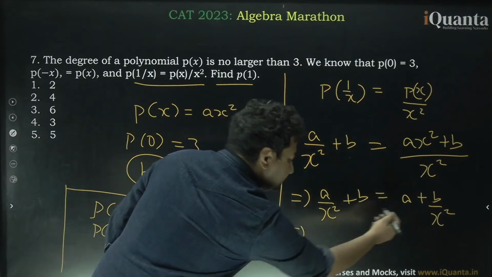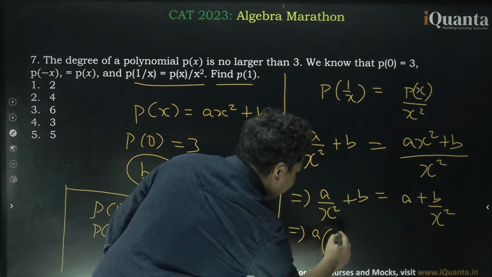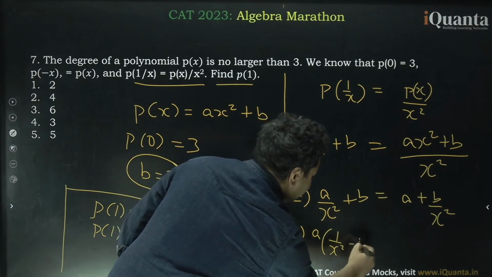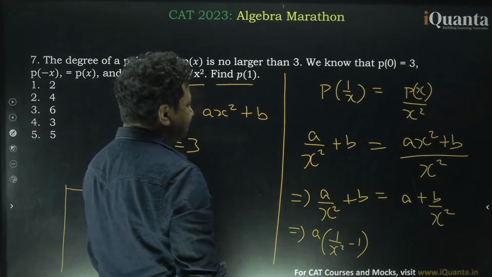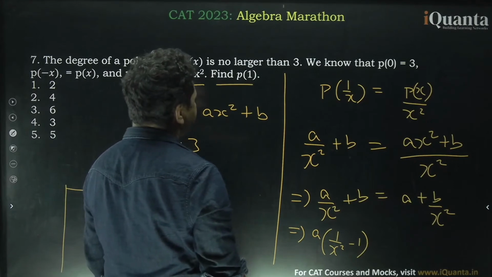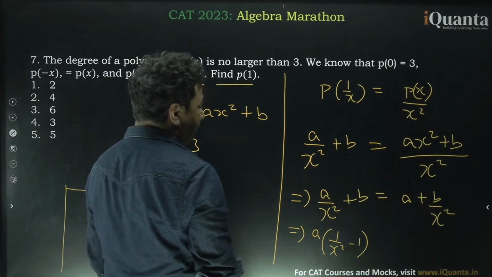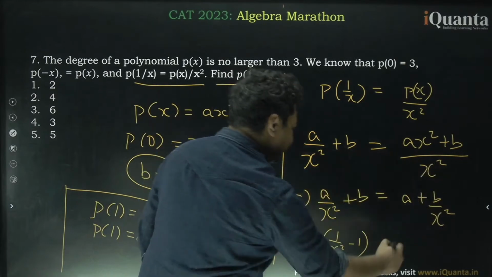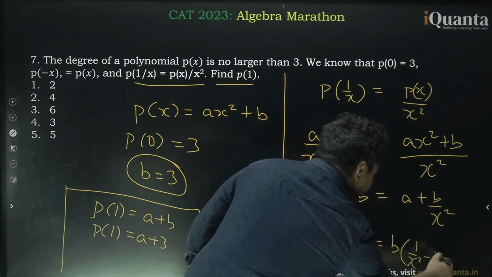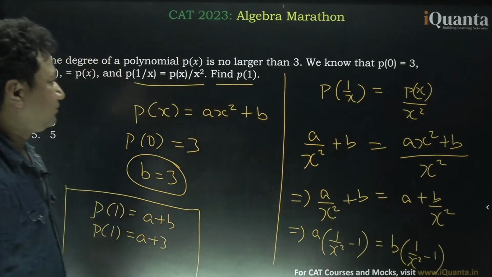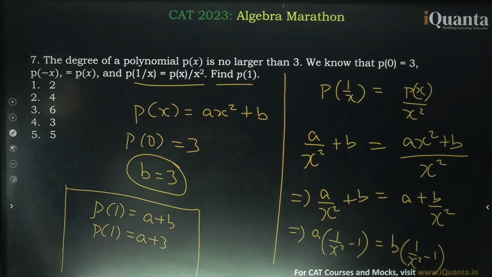So if I take a over here, I'll be getting a times 1 by x square minus 1. All right? Is that right? Is that clear? And in this right hand side, I'll be getting b times 1 by x square minus 1. Cool? Cool enough?